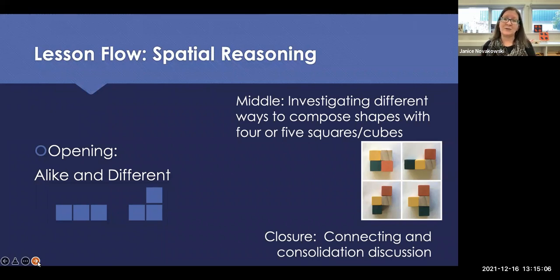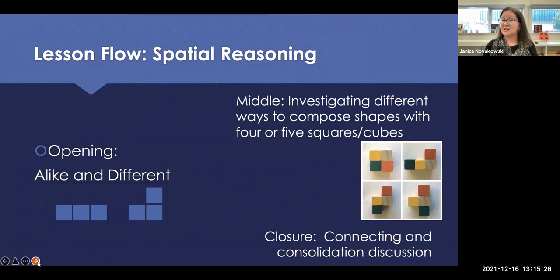And then that might lead into an investigation where you put out square tiles or cubes and have students come up with all the different shapes that they can compose using first 4 squares or cubes and then 5 squares or cubes. And notice if they're seeing any patterns in the quantity of different orientations they can come up with.